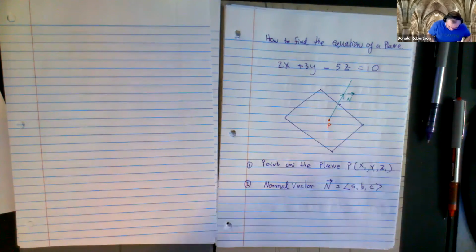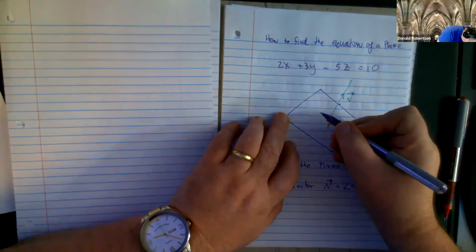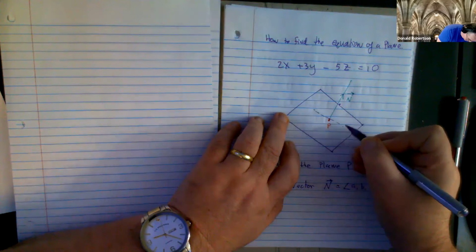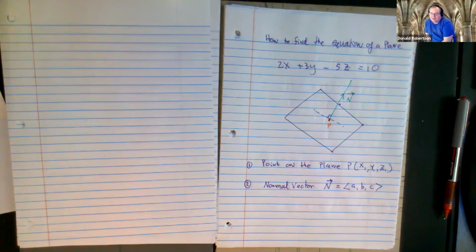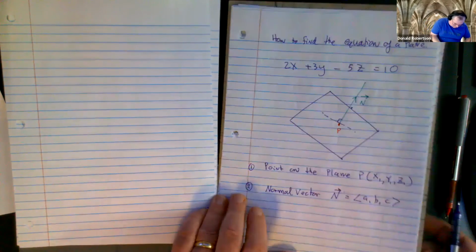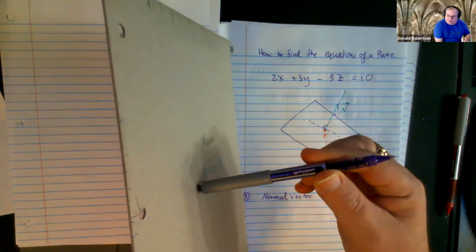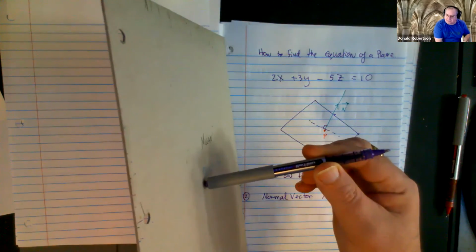Now, what do I mean by right angled? Can you imagine another line on the plane? There. Does that look more 3D-ish now that I've added that little dotted line to help us? So if I was wanting to find the equation of this plane here, this cardboard, my pen would be the normal. You see it's at right angles to my plane.